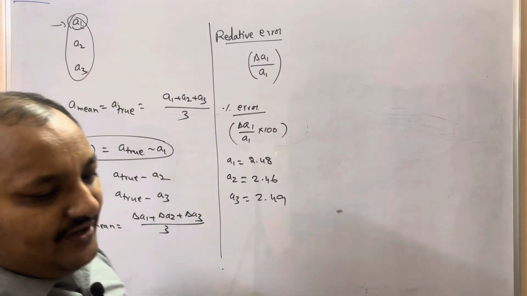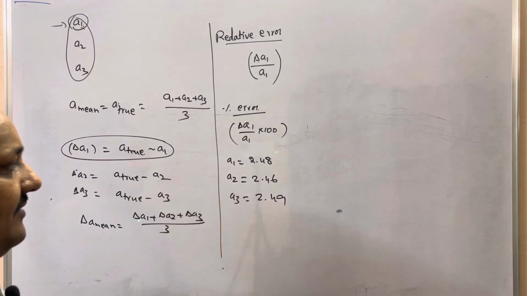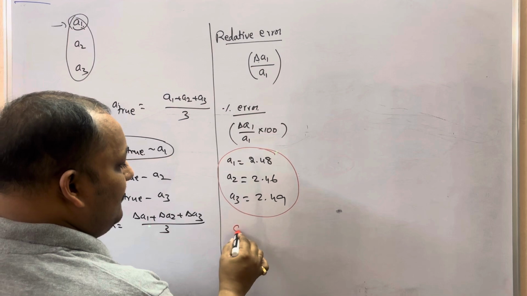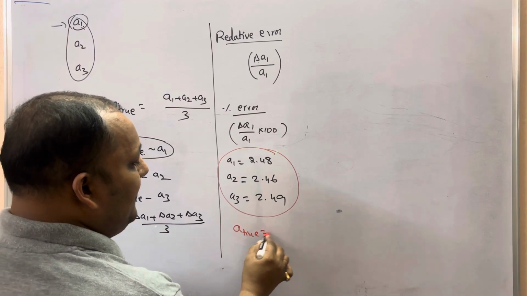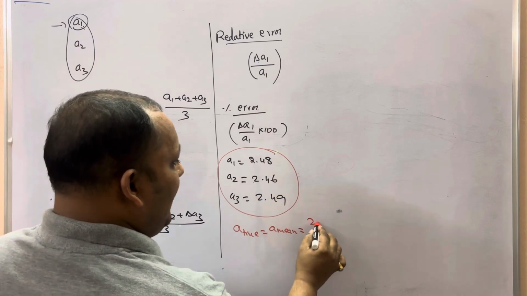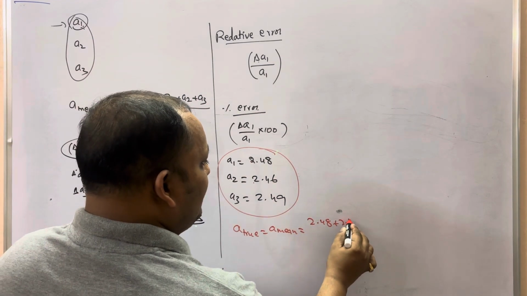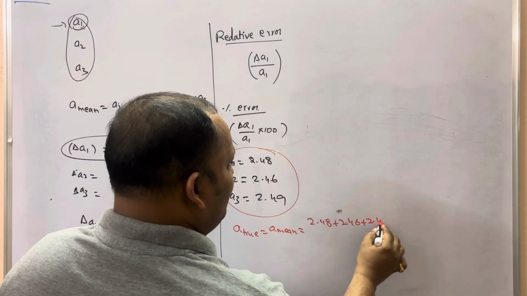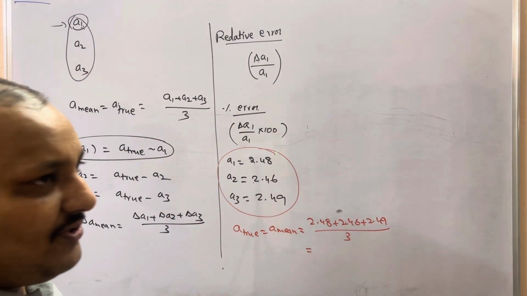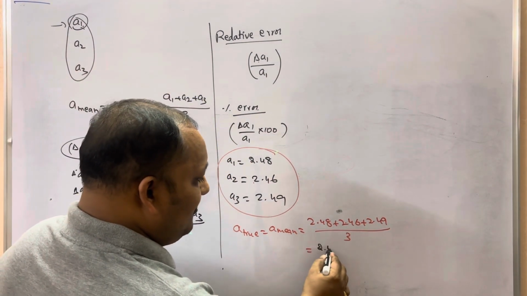Now, what is the true value of this? True value is nothing but the mean. We add all of these: 2.48 plus 2.46 plus 2.49 divided by 3. Almost you will get 2.476 if you divide.